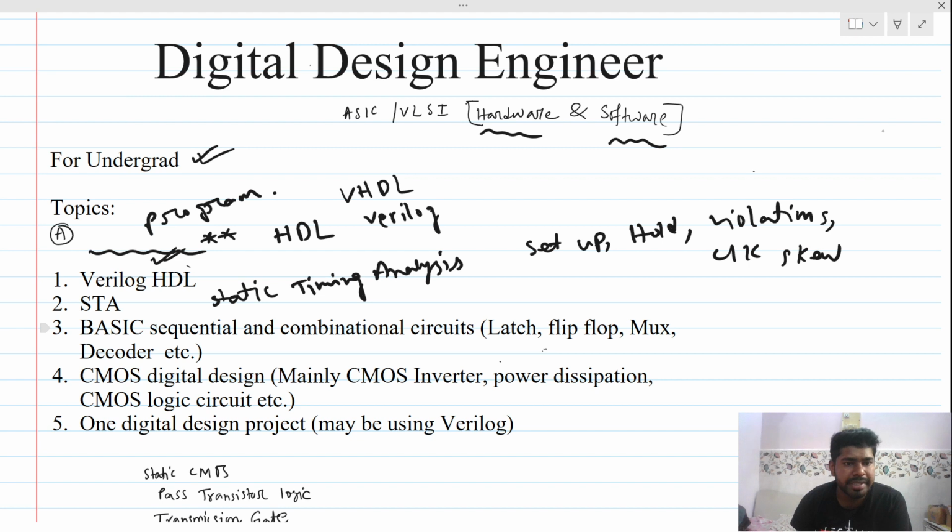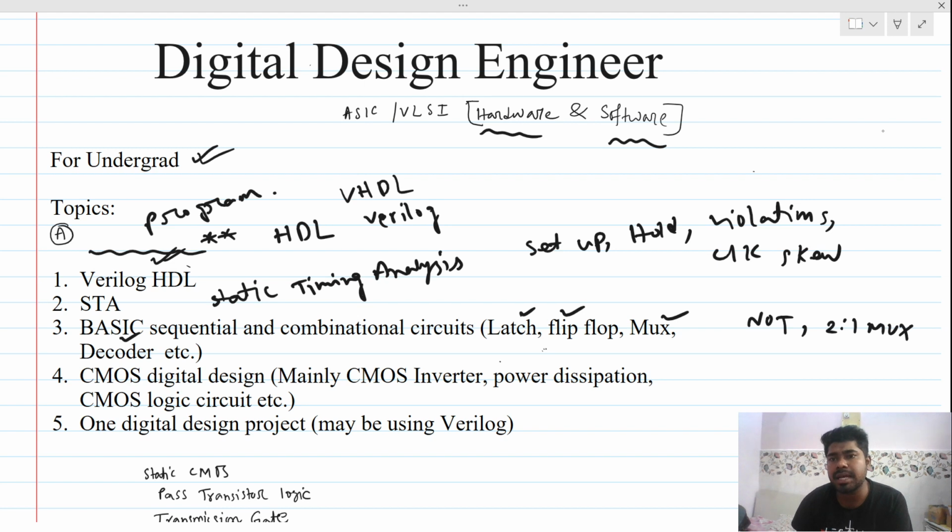Then comes basic sequential and combinational circuits, and you will find questions about latches, flip-flops, mux, decoder, encoder, adder, subtractor, etc. In this section the question will look like this: design a NOT gate using a 2:1 mux.